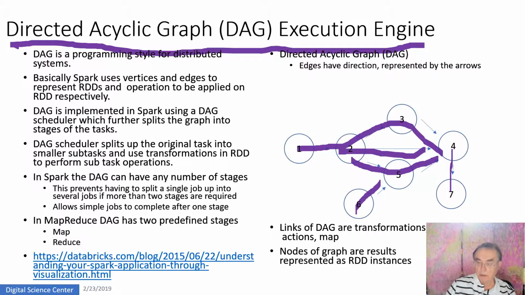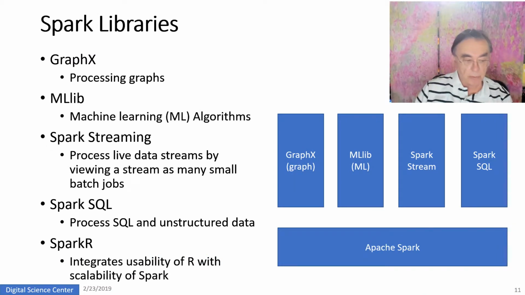All right. Notice the links represent the transformations or the operators. These represent the RDDs, essentially, or the actions. We have an important set of libraries: graphs, machine learning, streaming, SQL, R.